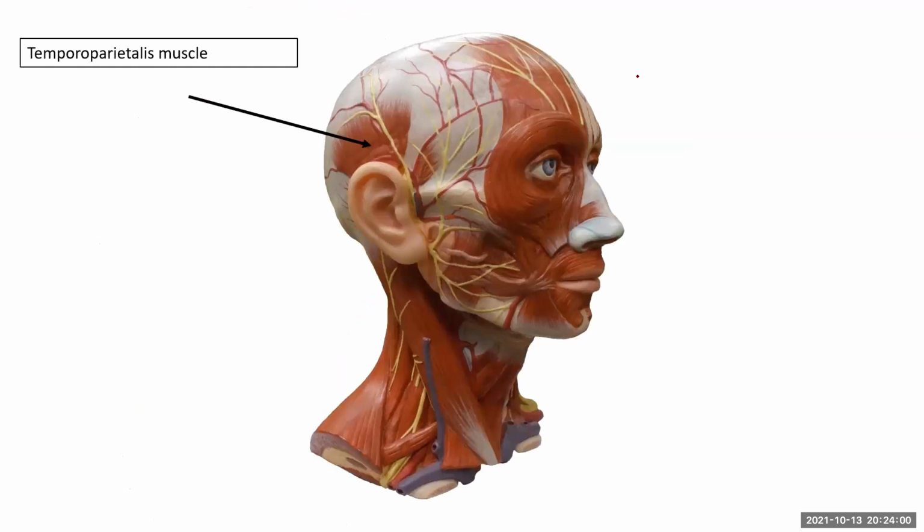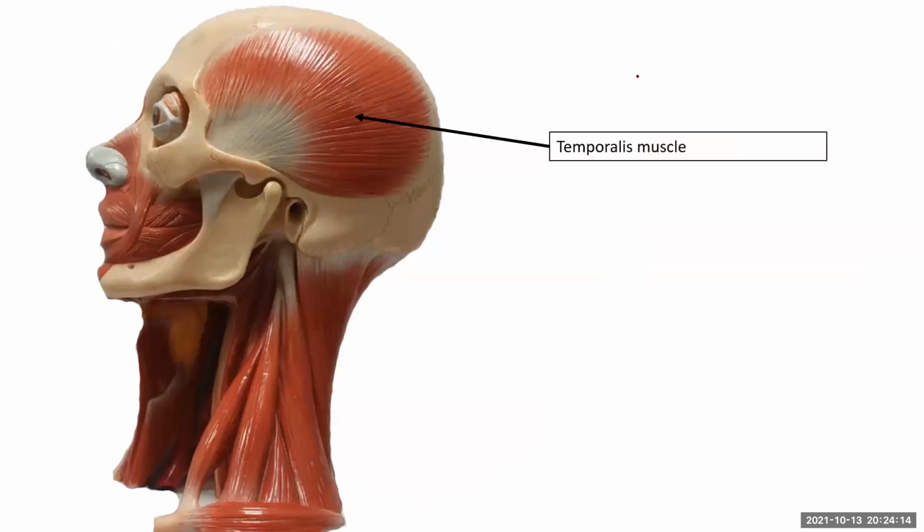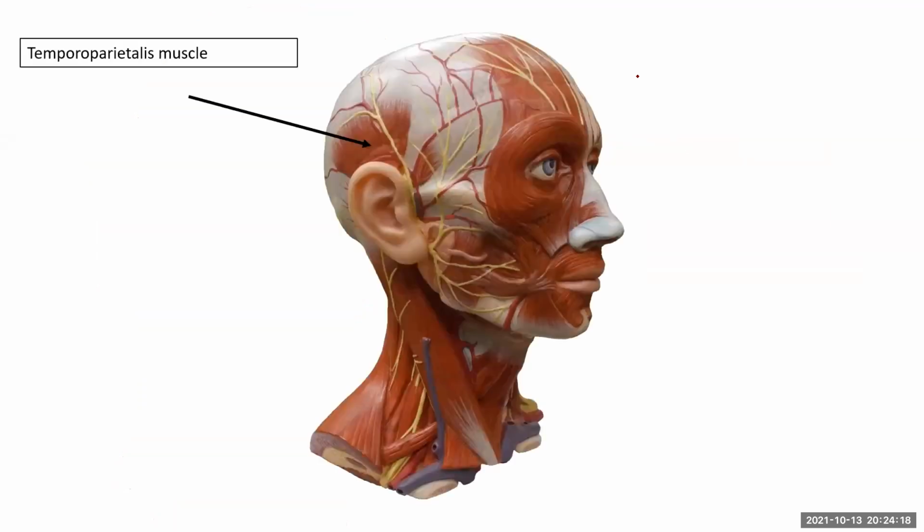Then the muscle that sits on top of temporalis, the more superficial muscle, is the temporoparietalis muscle. So this one is superficial. This one is deep. Temporalis is deep. Temporoparietalis is not, it's superficial.